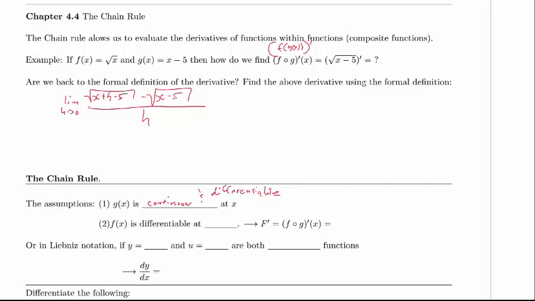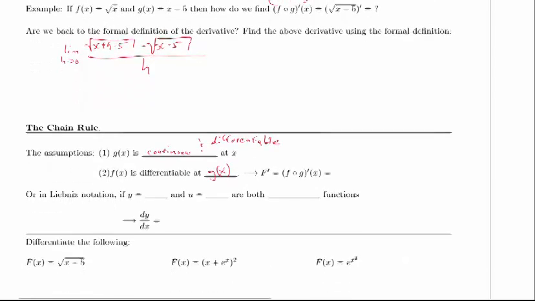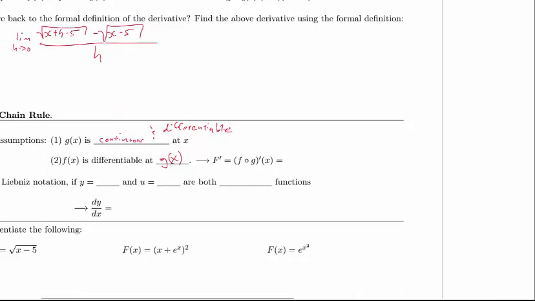And the next one is that f of x is simply differentiable at g of x. So they basically have to be differentiable either way. I guess I'm being a little redundant by putting it this way, since in order for something to be differentiable, it must also be continuous. But it is correct to say it that way, so we'll just leave it as such.